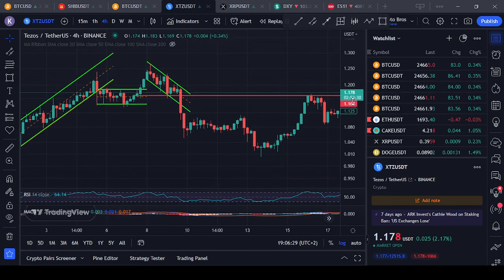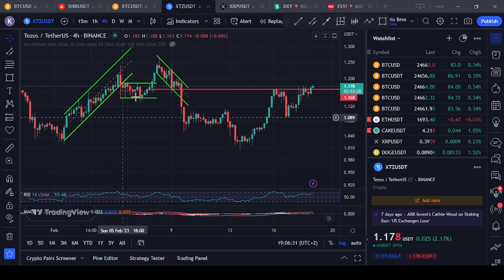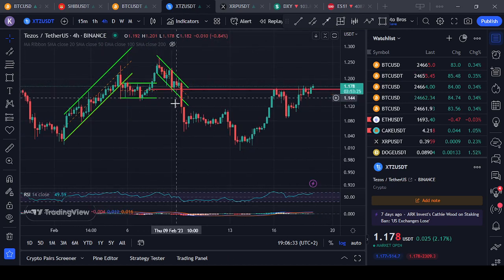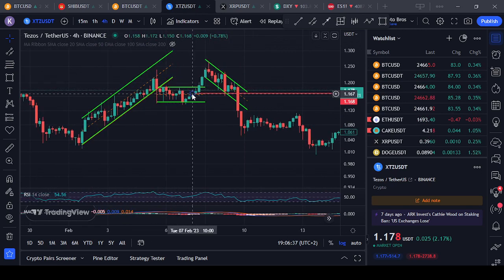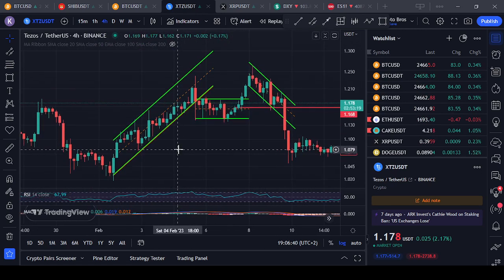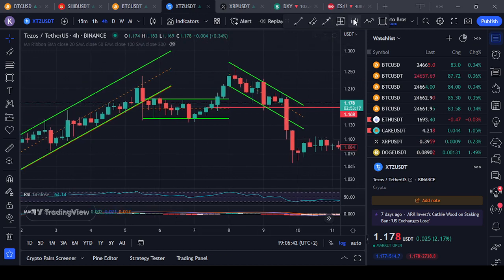So always remember, this will help us to identify, for example, if I want to trade this one, let's say, definitely. This is on the 4-hourly. So yeah, this can be a short-term trading strategy where I put my buy positions on the support area, and every time the price moves up, those would be my sell orders.